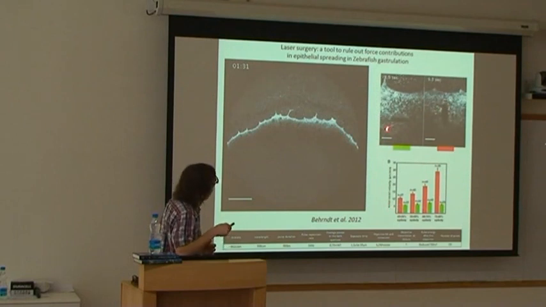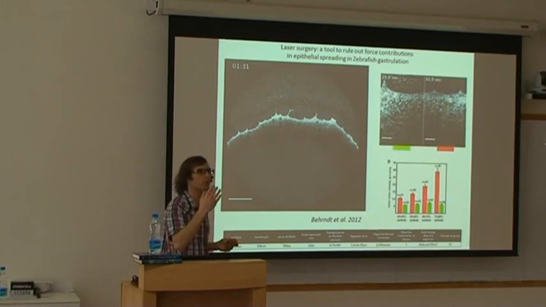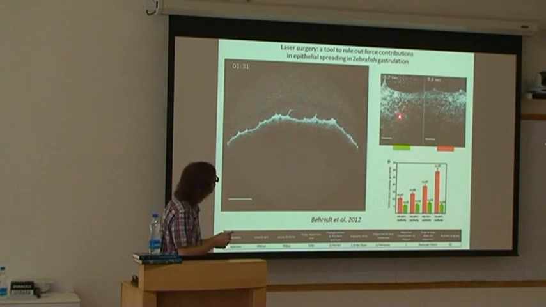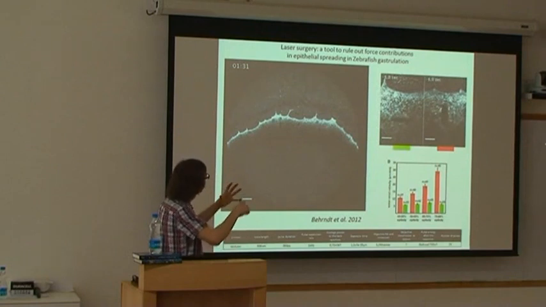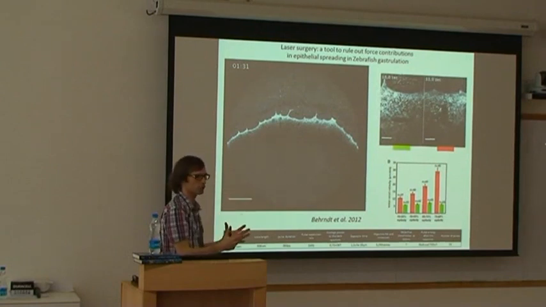So these laser dissection experiments helped them understand that the contribution of the ring could not be the only one, because the relaxation was much greater than what the mechanical model could predict. That's why he looked for other actors that could help the movement of this tissue downwards.